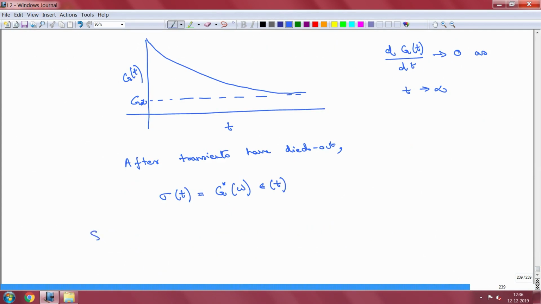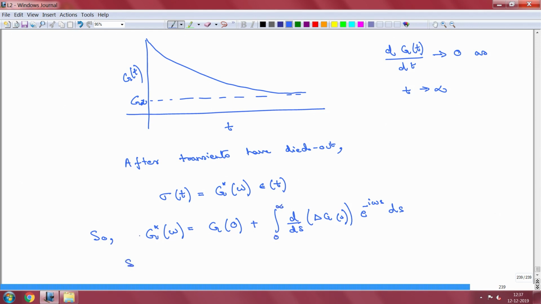So, our g star omega is equal to g 0 plus an integral, and the integral is just the same as before, d by ds of delta g s e to the power minus I omega s ds. But now you are going to perform this integration from 0 to infinity.